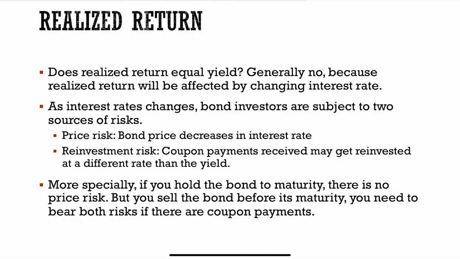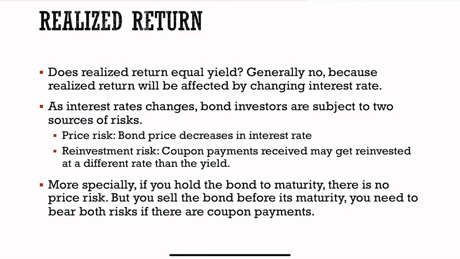The second perspective, which is today's focus, is about interest rate risk. We have learned about this. Basically, a very basic result is if interest rate increases, bond price will decrease. And as an investor, you will suffer, right? So this is basically the first type of interest rate risk, which is the price risk.